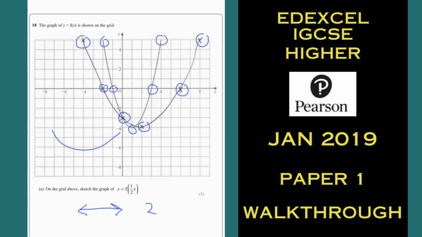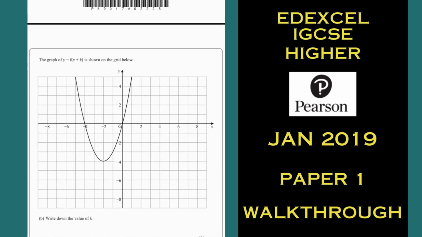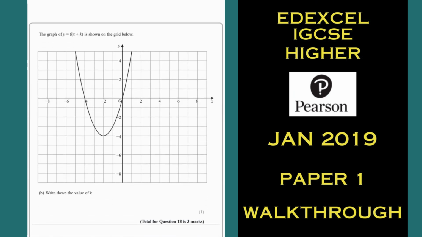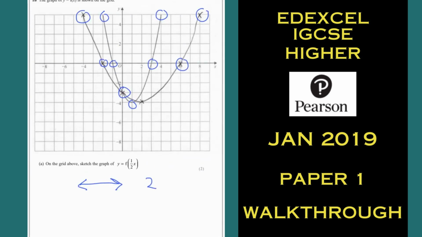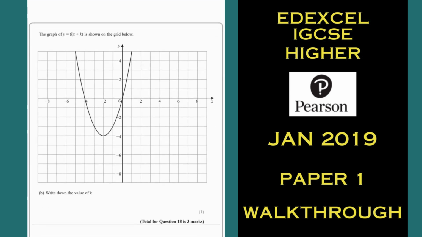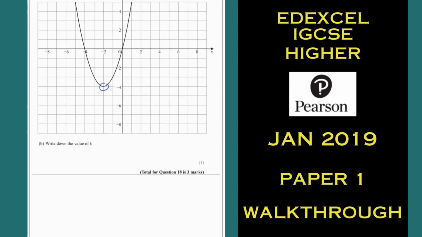All right, but plot those points. Take your time. Next one. Don't have to draw for this one. It's been moved, as you can see. If you compare them, what's happened to the vertex? The vertex has moved from 1 to the right to become 2 to the left.